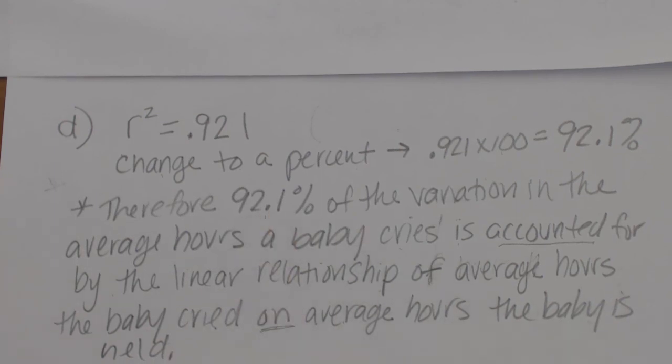So we can account for 92.1% of the variation of how long a baby cries on average. That's really good. The closer to 100, the more accountability your linear relationship has.